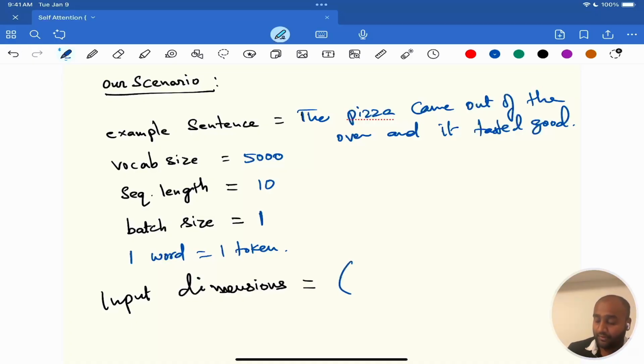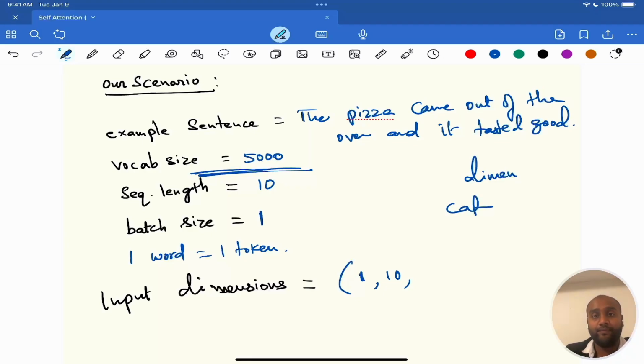So usually the input dimensions are your batch size, your sequence length, and there is vocabulary size and also dimensions per word. What does that mean? Let's say you have some word as cat in the dictionary.